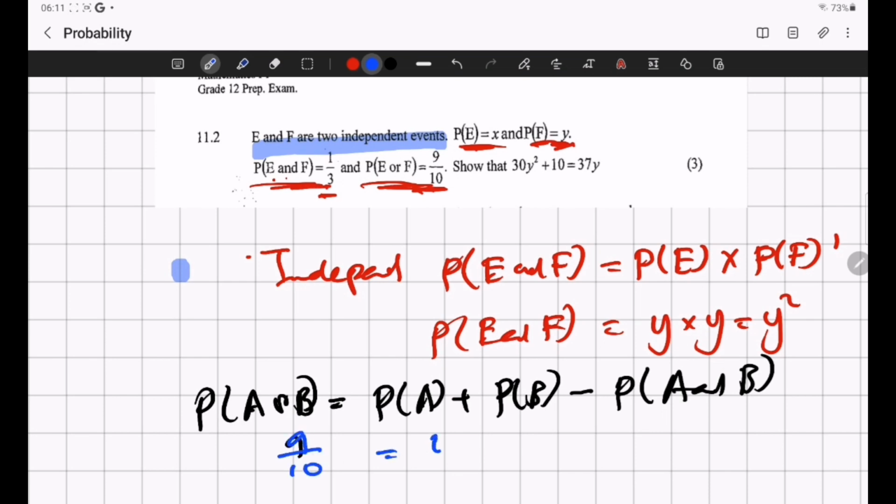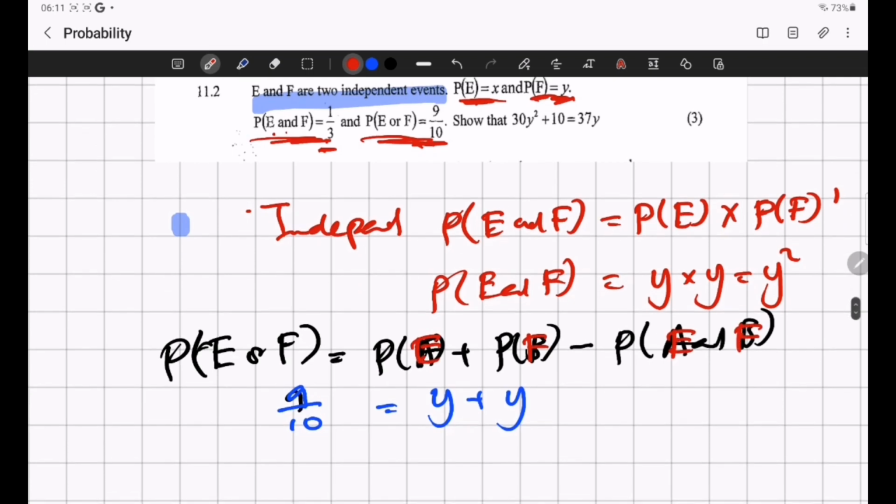Probability of E is Y, probability of F is also Y. Okay, I'm using A and B instead of E and F here. So the same probability of E or F. This should be E, this should be F, that should be E, that should be F. Sorry about that.